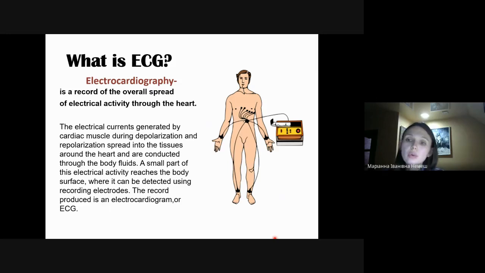The electrical current generated by the cardiac muscle during depolarization and repolarization spreads into the tissues around the heart and is conducted through the body fluids. A small part of this electrical activity reaches the body surface, where it can be detected using recording electrodes. The record produced is an electrocardiogram, or ECG for short.